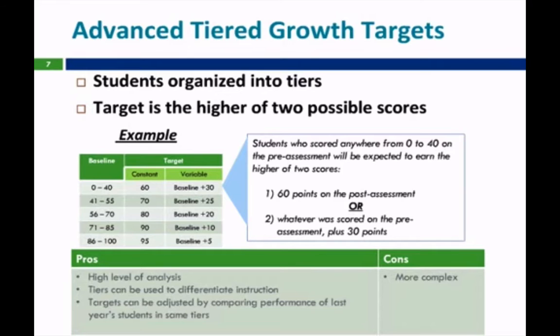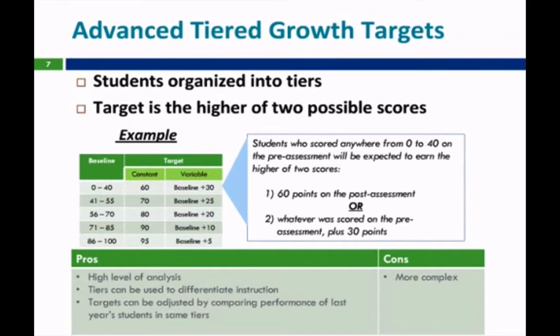Now notice how this resolves the issue that we talked about before. Now I'm going to look at that student who scores a 41. My options are to set a target of 70, and that's in the constant column, or to set a target of 41 plus 25, and that's in the variable column. So 41 plus 25 is 66, and since that's lower than the constant target of 70, you would actually end up choosing a target of 70 for that student.